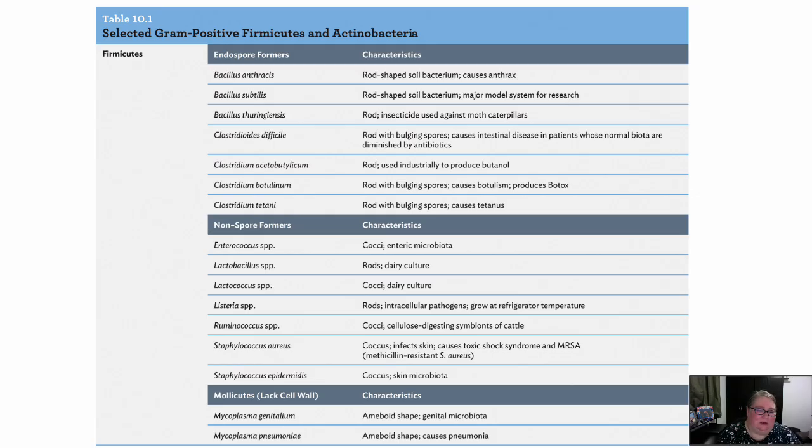This is Mycoplasma genitalium. Okay, so this is going to be found in a lot of genital regions. And then we have Mycoplasma pneumoniae that causes pneumonia. Now, because these lack cell walls, they don't gram stain purple. They don't gram stain at all, actually. So we're going to use that acid-fast stain to view them.